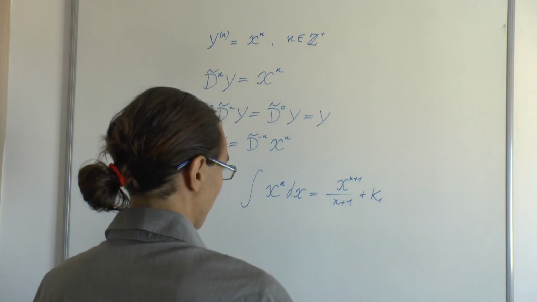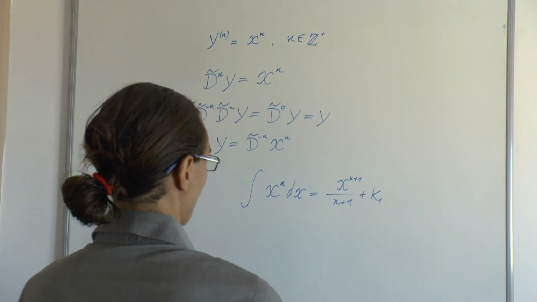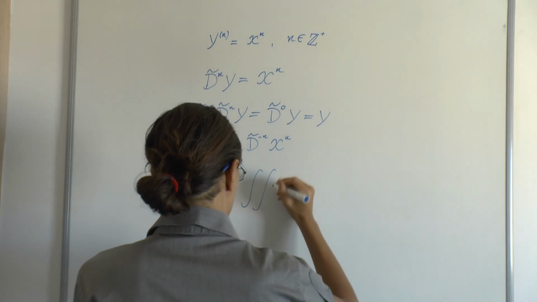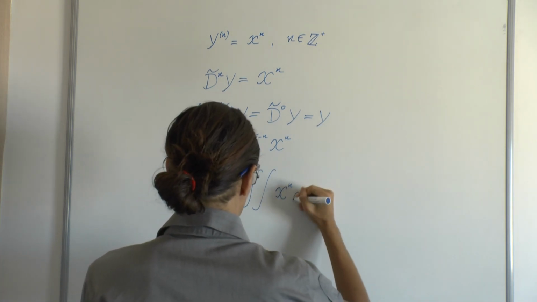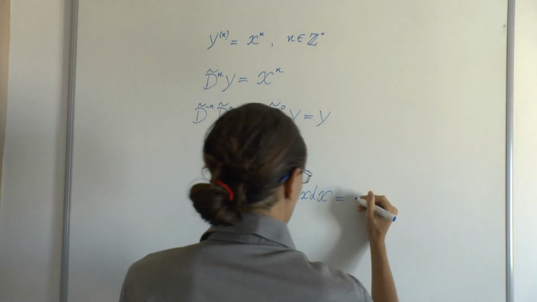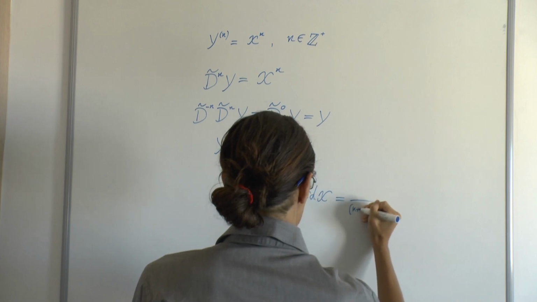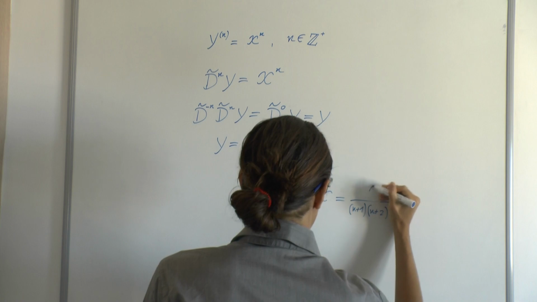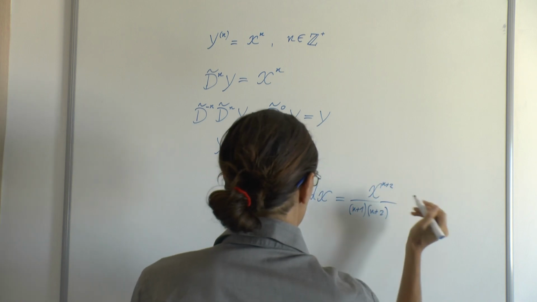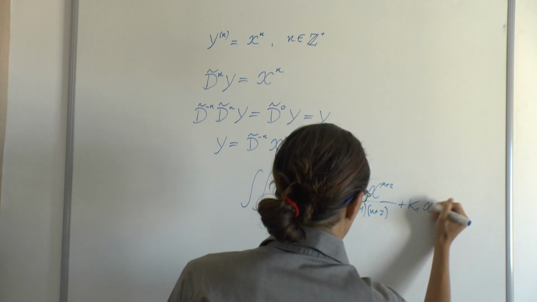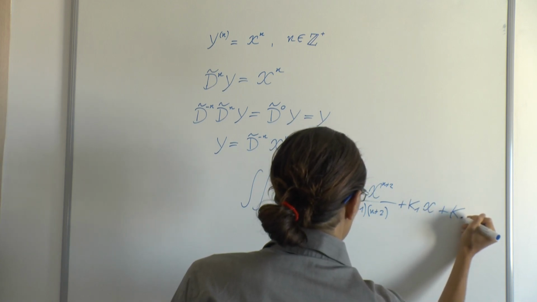Now, that's the first time we're integrating. If we do this 2 times, right? So we're just integrating what we got before again, dx, dx. It'll be n plus 1 times n plus 2, like that, x to the n plus 2, plus k1 x, I don't know if I'll have enough space, plus k2.